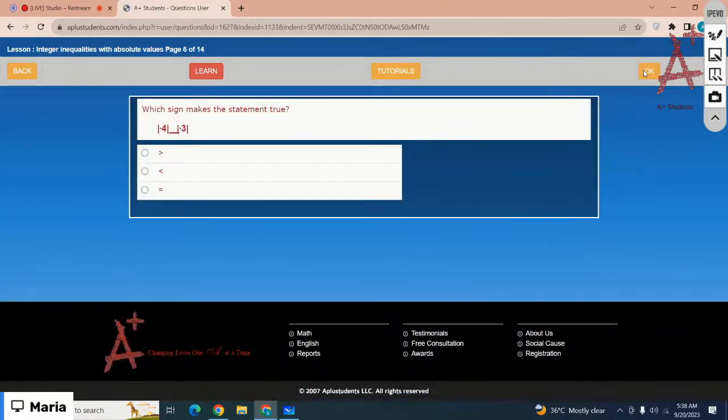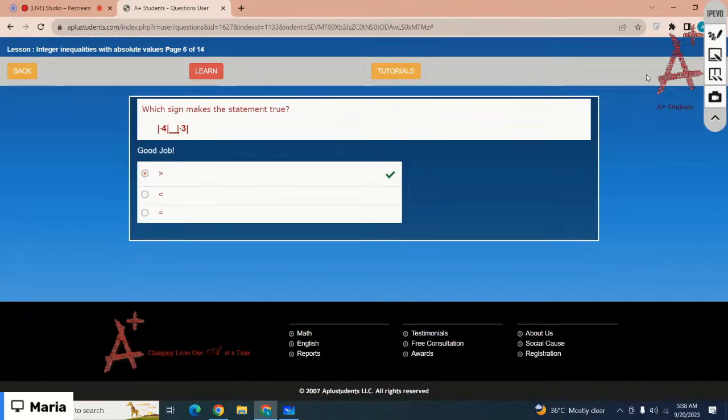Which sign makes the statement true? Greater it is, right? Because absolute value of negative 4 is 4 and 4 is greater than 3. So they are greater.